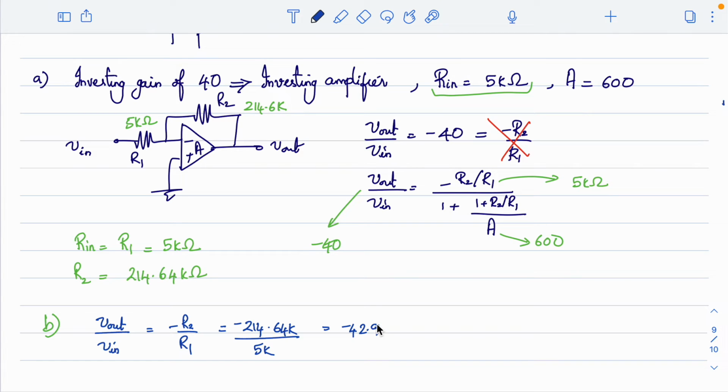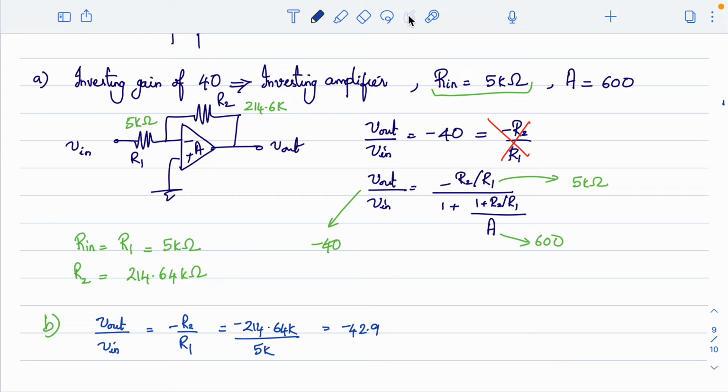In the A part, you are asked to design a circuit with a gain of 40, and the op-amp is having finite open loop gain. But now, if the op-amp is replaced with an op-amp having infinite open loop gain, the closed loop gain will be equal to minus 42.9. All right.